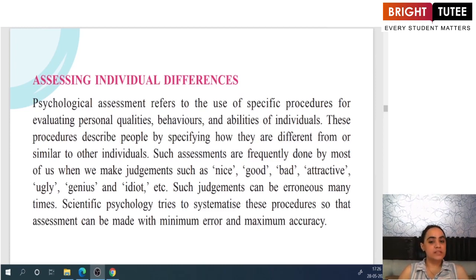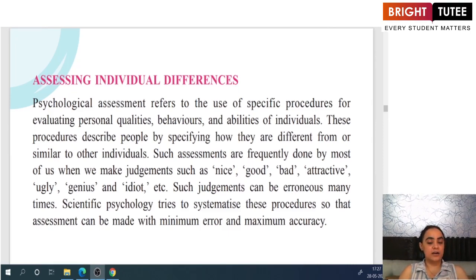All these procedures are used to describe how one person is different from another when faced with a similar situation or a similar problem. These psychological assessment tests are frequently done by psychologists.